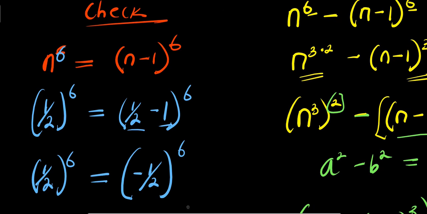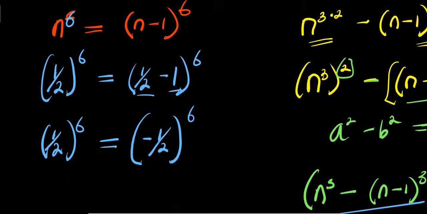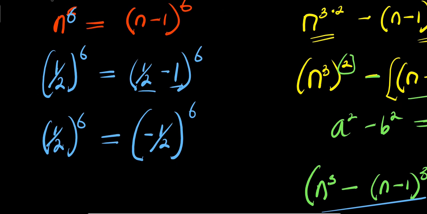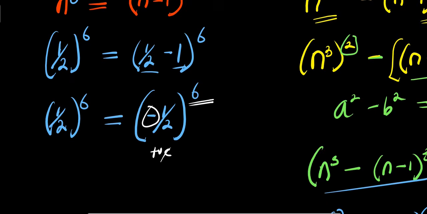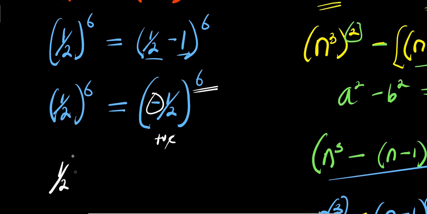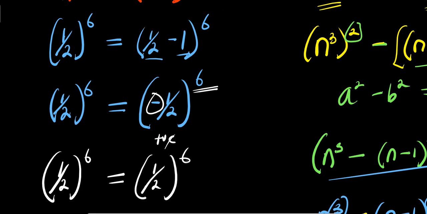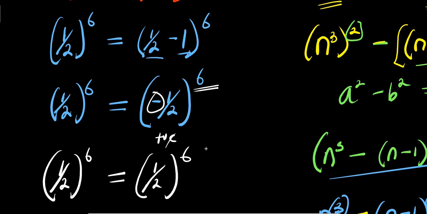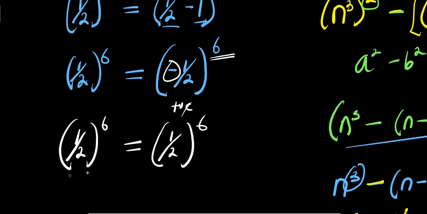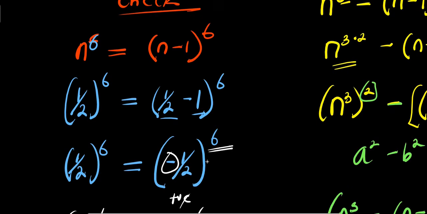And this is to the power of 6. Now, don't forget the fact that if you have negative raised to the power of an even number, it will give you positive. So what you are going to have here will be 1 over 2 to the power of 6, and this equals 1 over 2 to the power of 6. So that is it. Left hand side equals right hand side. That has fully satisfied that equation.